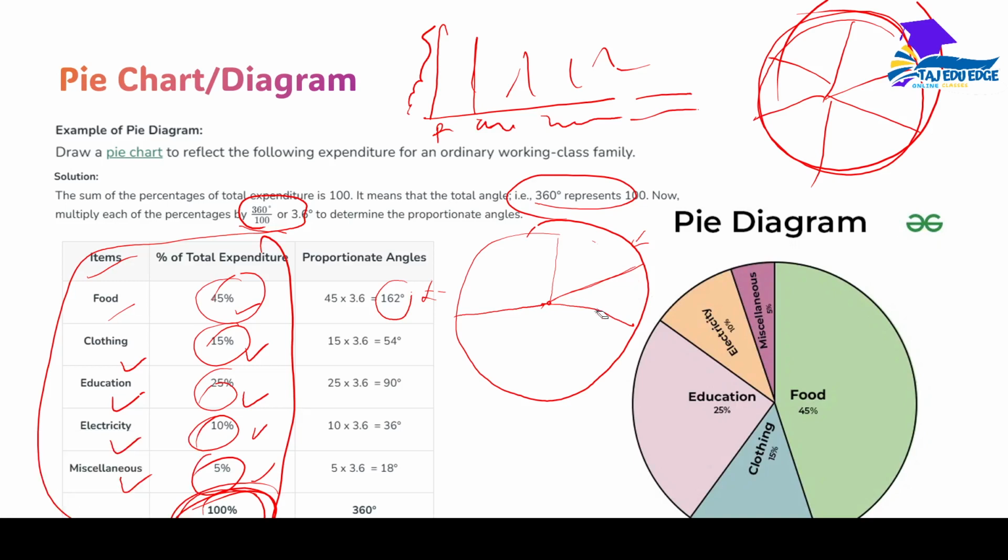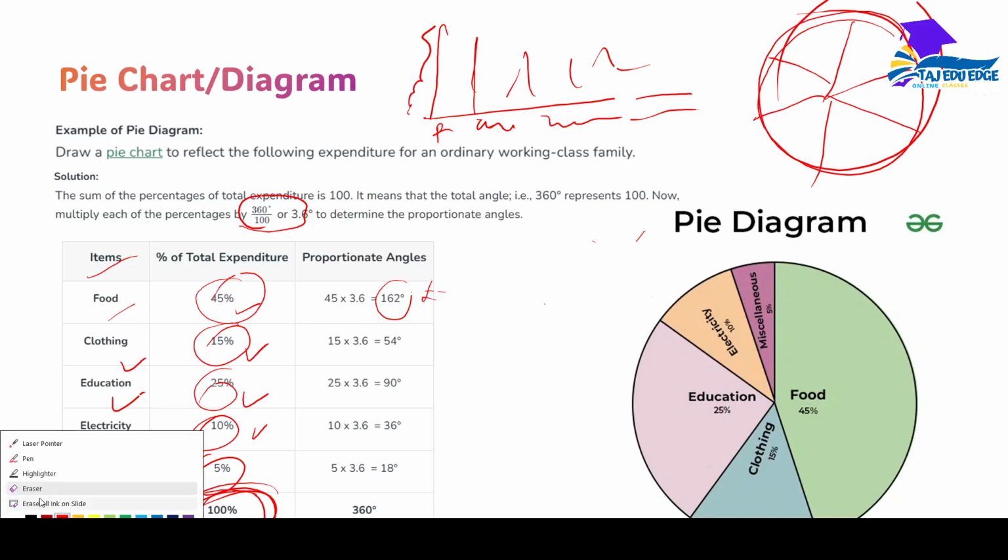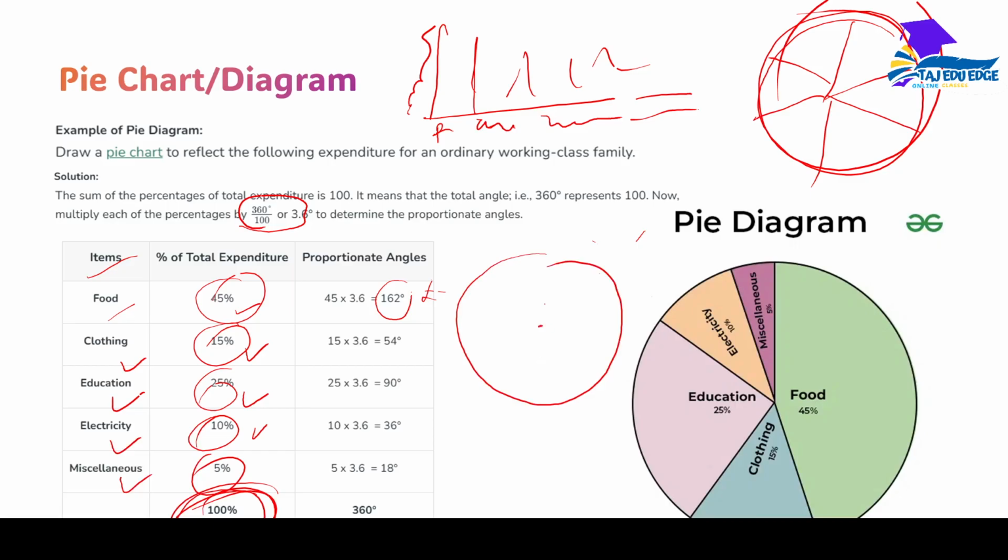I don't need to struggle a lot here to explain it. I am sure you know how to use a protractor, since even your class teaches you in the classroom. So first draw a circle, point it in the middle.